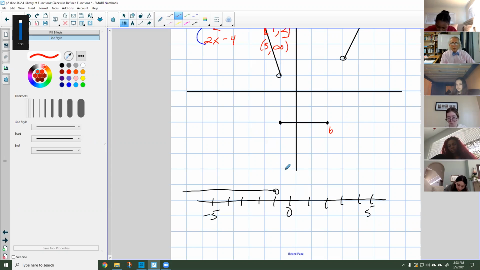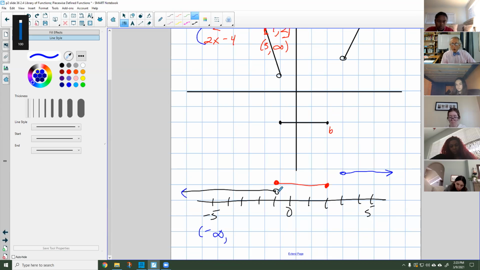Okay, my second piece is negative 1 to 2. Let's make that a different color. So that's negative 1, and this is included, to 2. And then my third piece is 3 to infinity, and that's not included. So it looks like I'm starting at negative infinity and going all the way to negative 1.